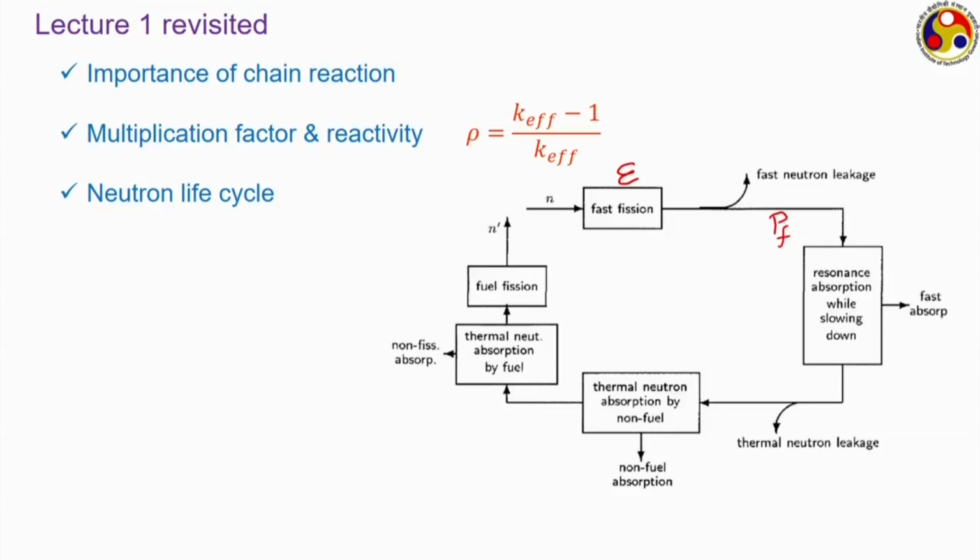Then it goes through the moderation process, during which the fast neutron gets converted to the thermal neutron level, but several elements present inside a reactor, particularly uranium 238, have very high resonance absorption capability, that is, the absorption peaks are extremely high in the resonance capture zone. Accordingly, some of the neutrons may get lost in the form of resonance absorption, and the corresponding escape probability was characterized in terms of small p.